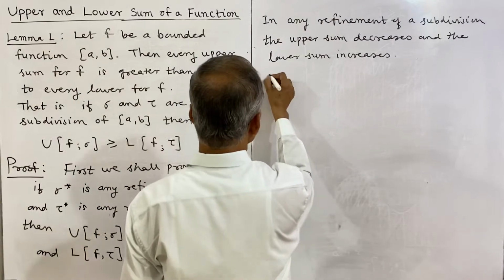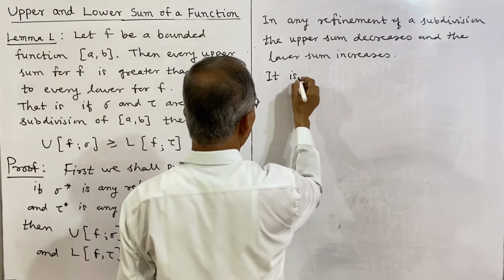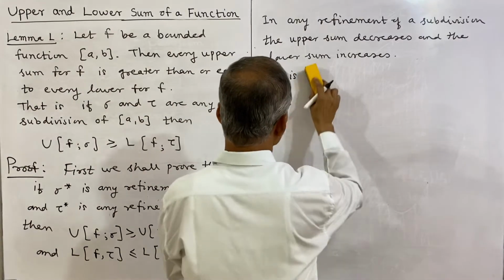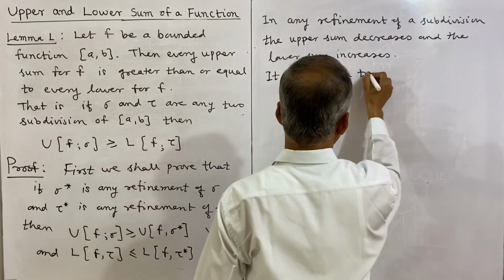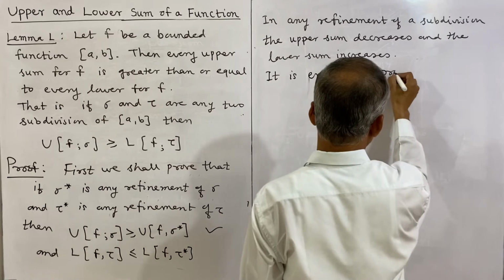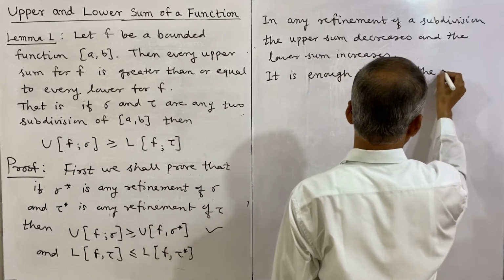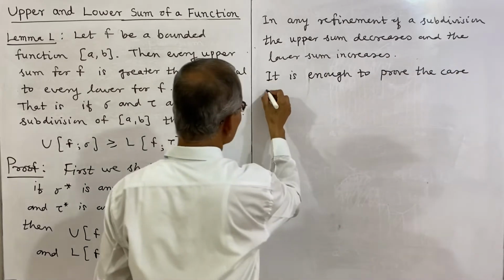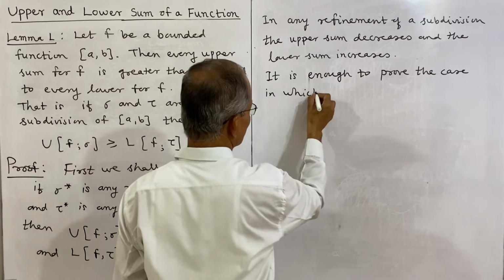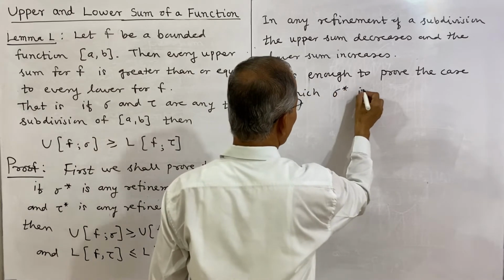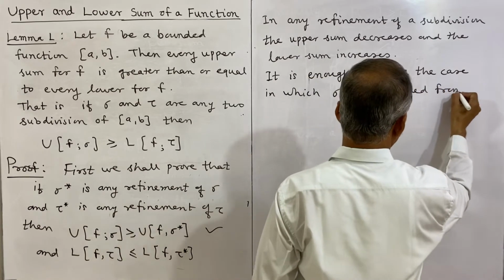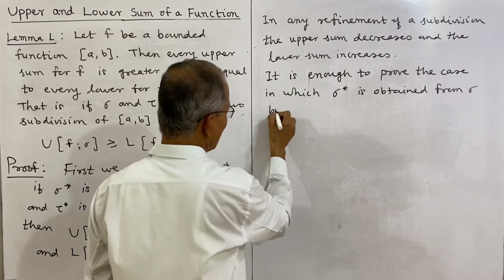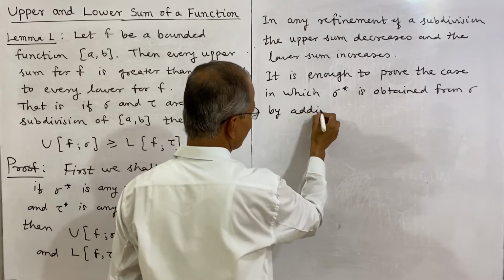Now it is enough to prove the case in which sigma star is obtained from sigma by adding only one point of subdivision.